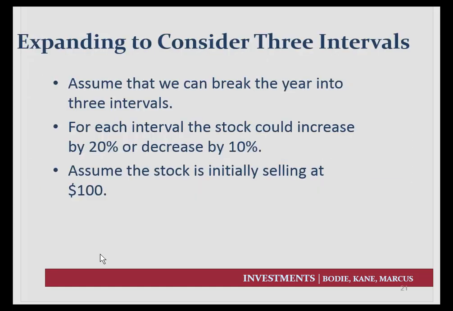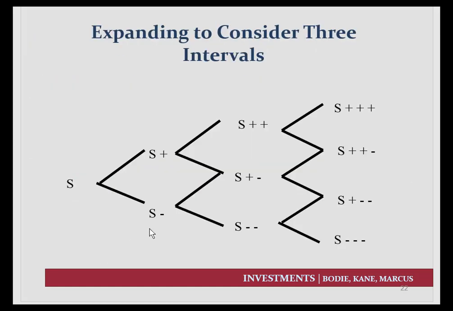Now we can expand this into more than 2 periods, and certainly the mathematics gets dramatically more difficult once we move into 3 intervals rather than just 2 intervals. But we can say the stock can go up 3 times, or the stock can go up and then down and then up, so it went up twice and down once.